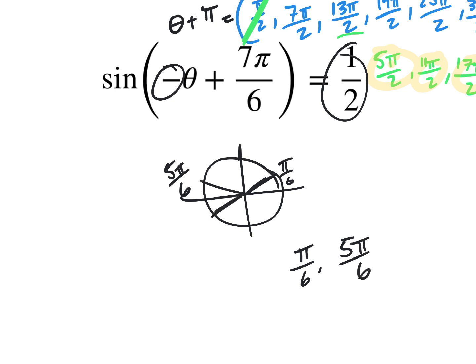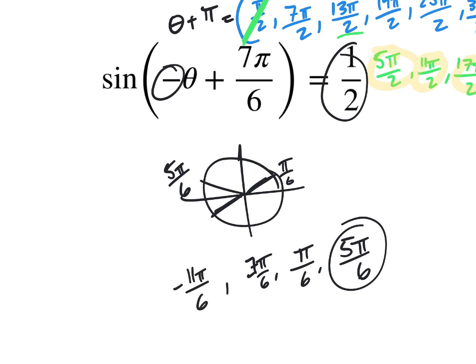Notice that if I chose this one, then I would get a negative y value, and that's why I'm not using those ones. Okay, so then if I subtracted 2 pi from here, I would get negative pi over 6. Just kidding, it'd be negative 7 pi over 6. I would get also negative 11 pi over 6.